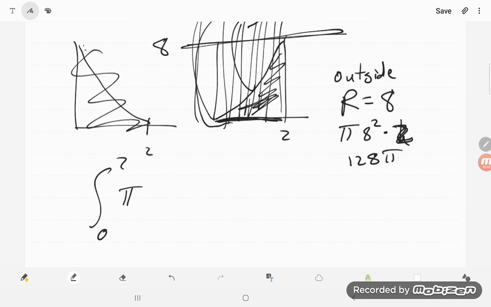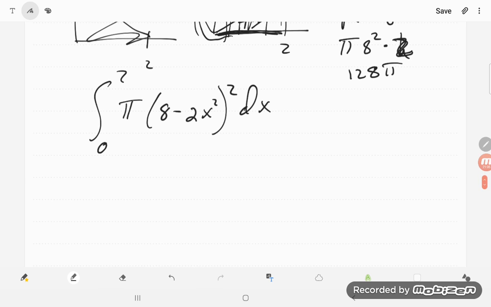Now the inside, all right, that distance is 8 minus our y value. So that's 8 minus our y value, which was 2x squared, and we square that, dx. So that's the integral we need this time. Again, in something like Desmos we could just evaluate it really fast, but it never hurts to see it, even if I'm doing it for you.